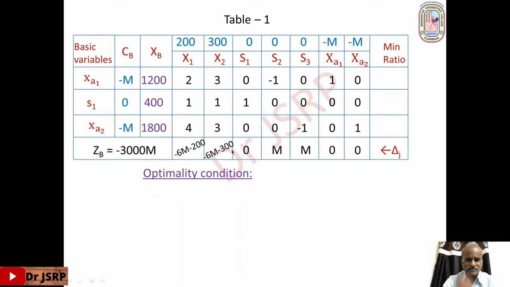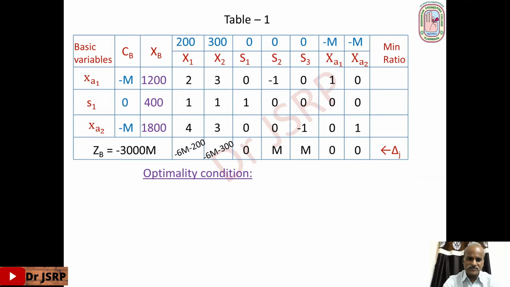Here M is very large compared with other coefficients. If the M coefficient is negative, it is a negative value irrespective of the other part. If the M coefficient is positive, irrespective of the other value, it is positive. So here we keep in mind the coefficient of M only.